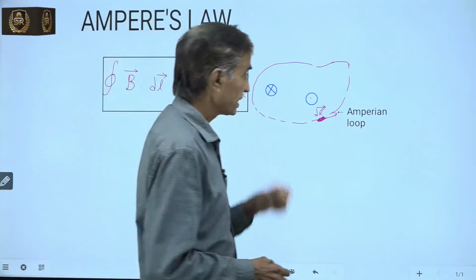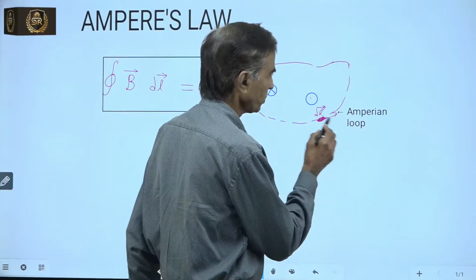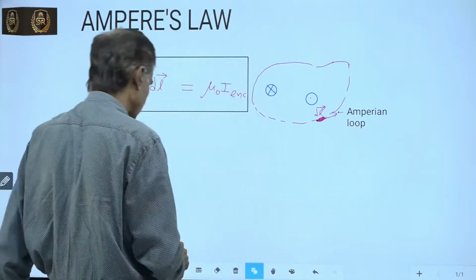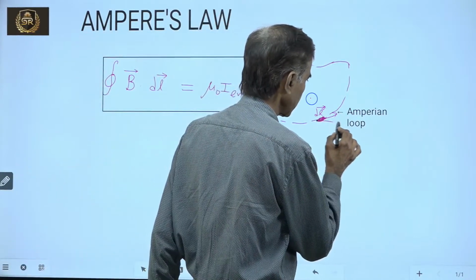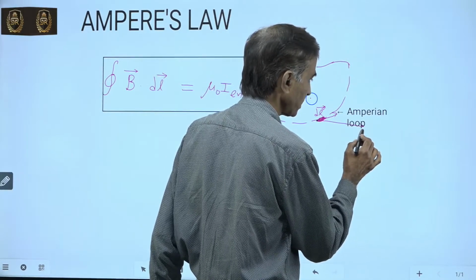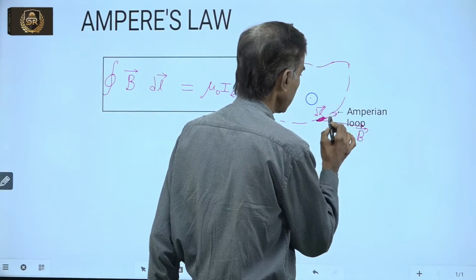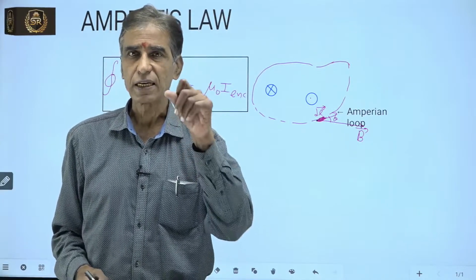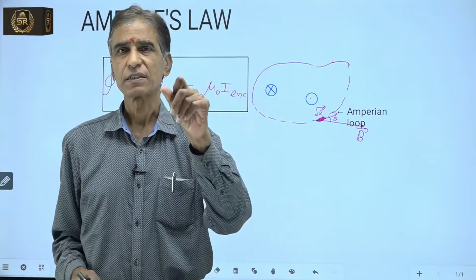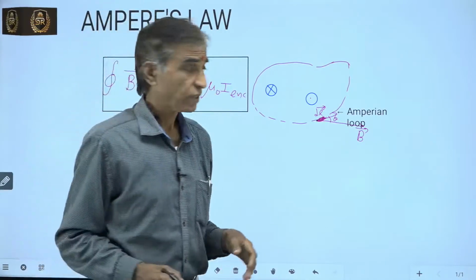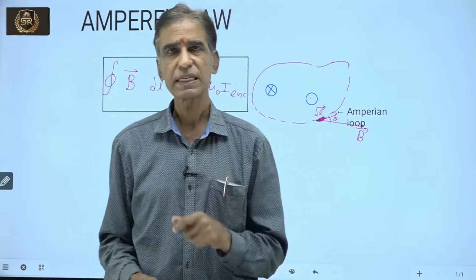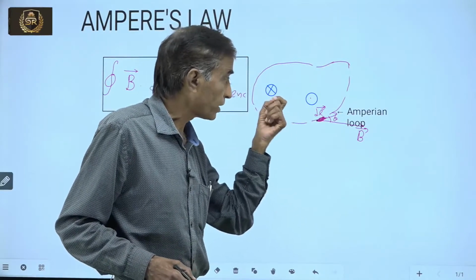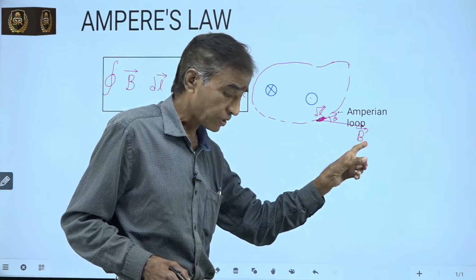Suppose this is the direction of our dl, making an angle theta with the direction of magnetic induction B. This direction is arbitrary, because when we perform the line integral, the direction comes out automatically.